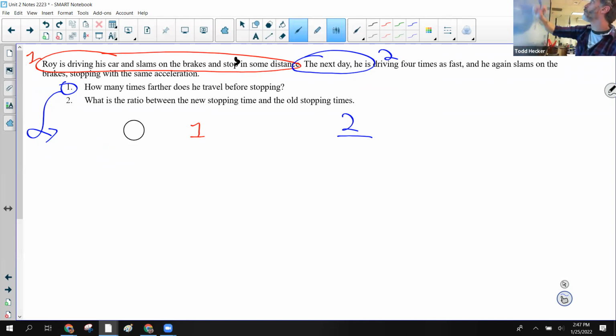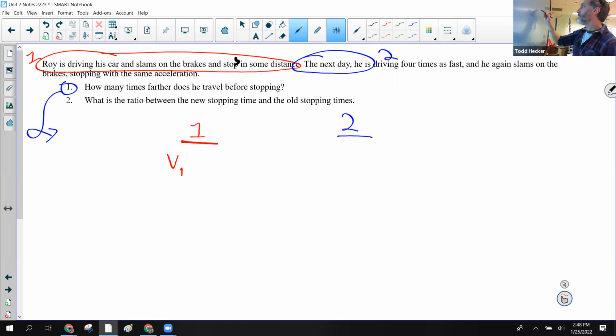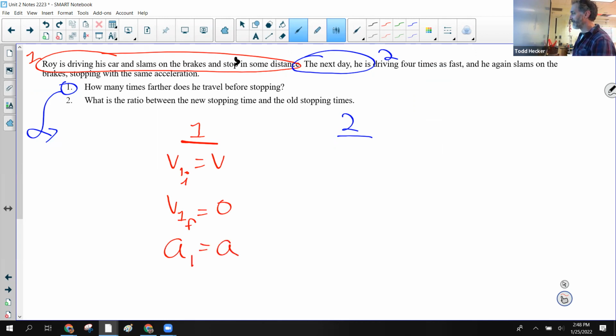So here we go. On day 1, his initial velocity is something. And then on day 1, he's going to slam on the brakes, so his final velocity is going to be 0. And his acceleration on day 1 is something.